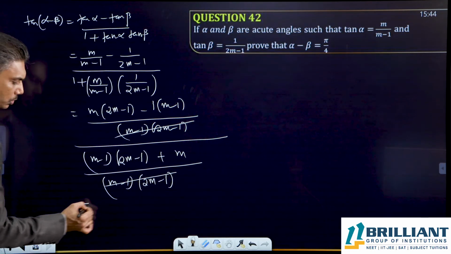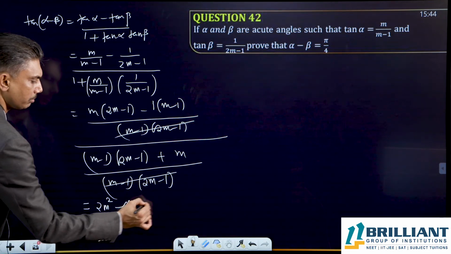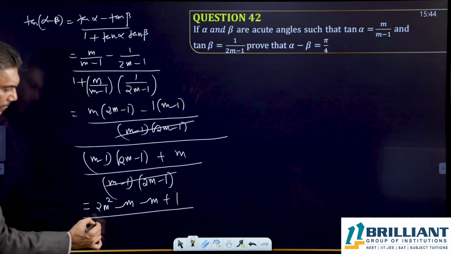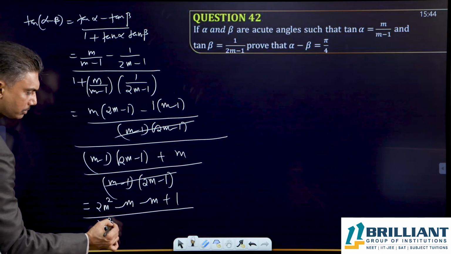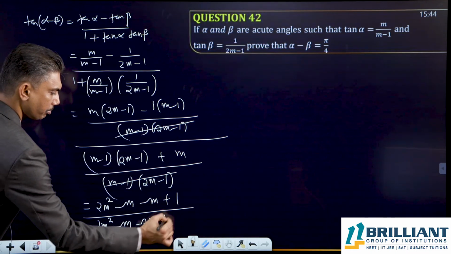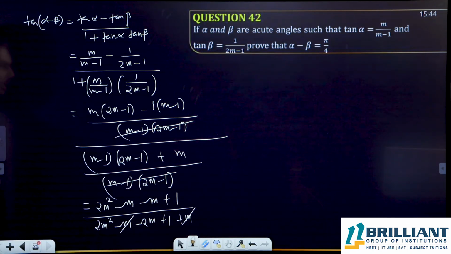So, what will be the balance? That is equal to 2m square minus m plus 1 by 2m square minus m minus 2m plus 1 plus m. 1m and 1m get cancelled.